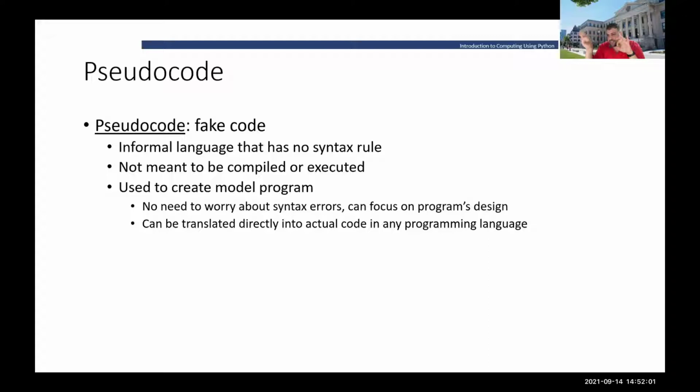It will not be executed. So it's used to document each step that you're taking to build your program, and it can be translated directly into actual code by an expert who knows the syntax of the programming language.